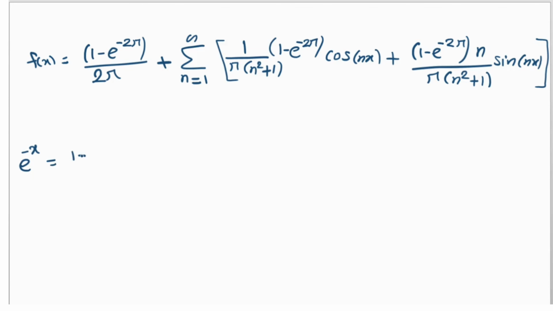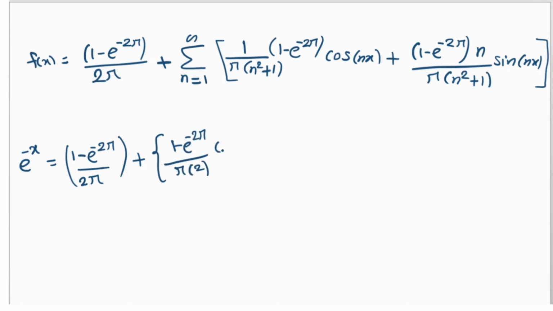Here first term is 1 minus e raised to the power minus 2 pi upon 2 pi as it is, plus here if we put n is 1, so it is 1 minus e raised to the power minus 2 pi divided by pi, n is 1, so it is 1 plus 1, 2, into cos x, plus 1 minus e raised to the power minus 2 pi, n is 1, so it is pi 2, into sine x.